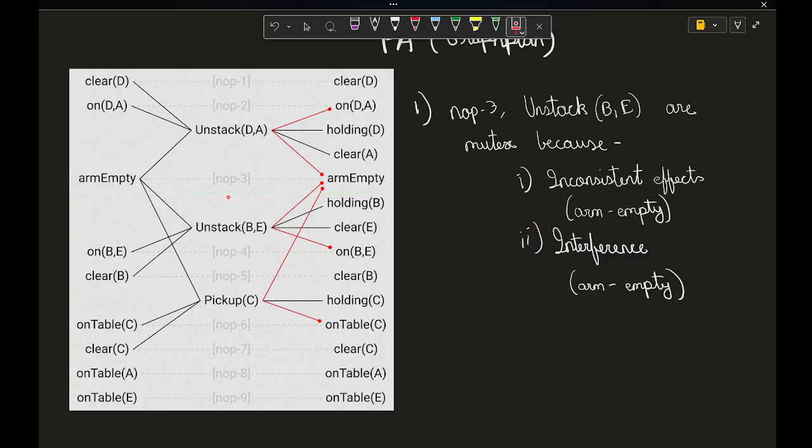So these two are mutex because of the fourth condition, because both of them are going to consume arm empty.